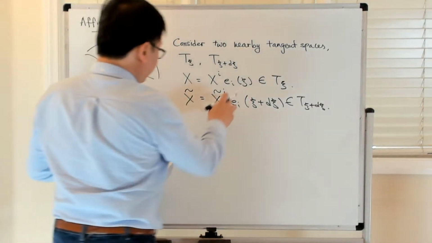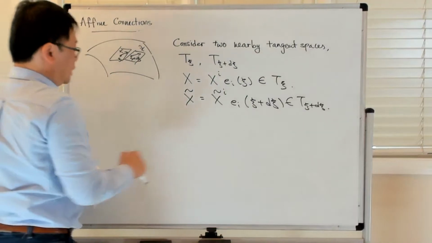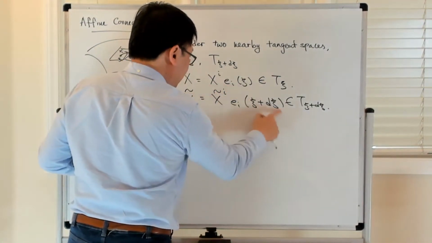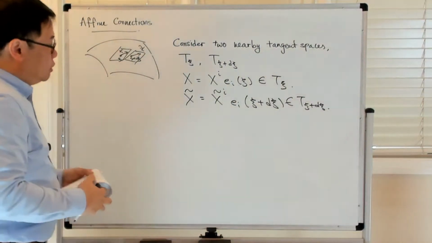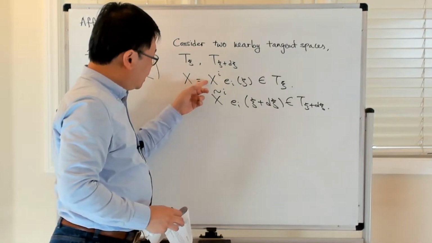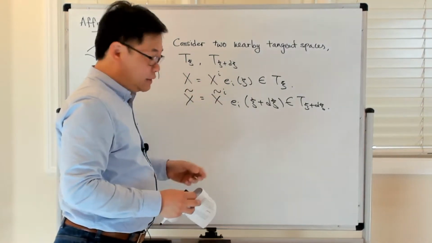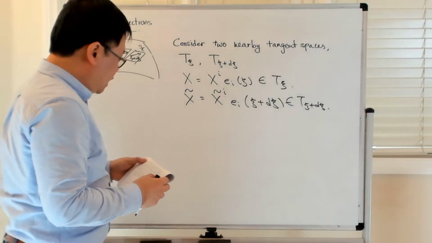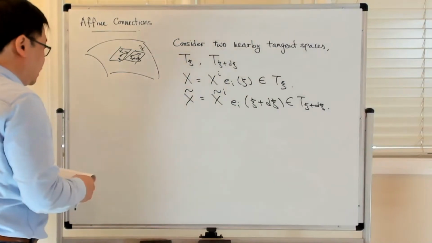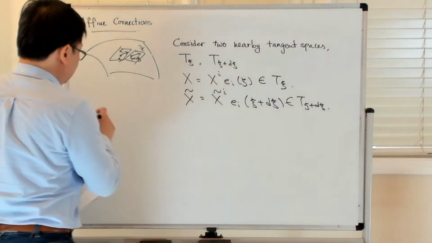The first observation, which should be readily apparent, is that these basis vectors e_i are position dependent. They depend on the base point. And so the fact that you have two different base points means that even if the components x^i and x tilde^i are the same, we can't necessarily say that those two tangent vectors are equal in any prescriptive sense.